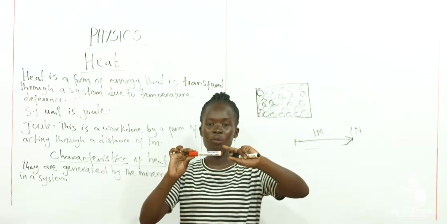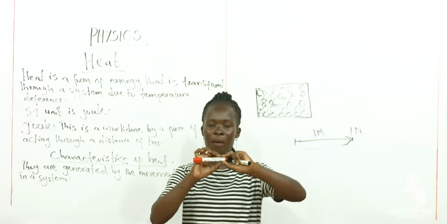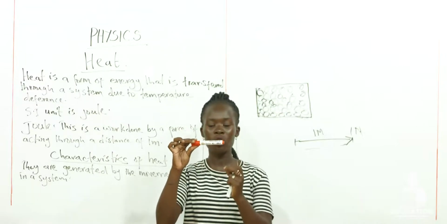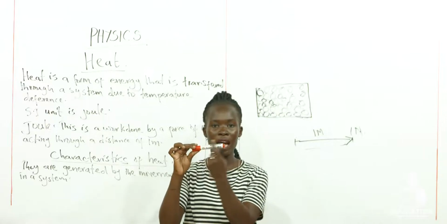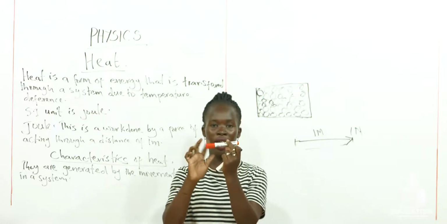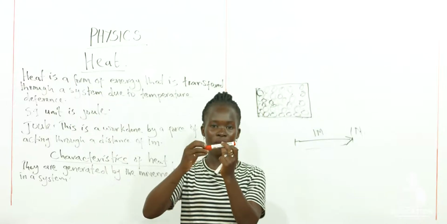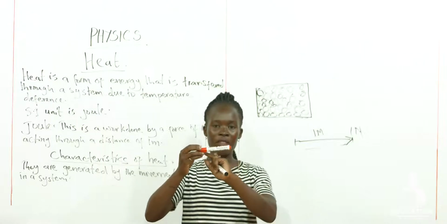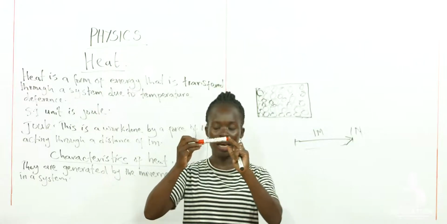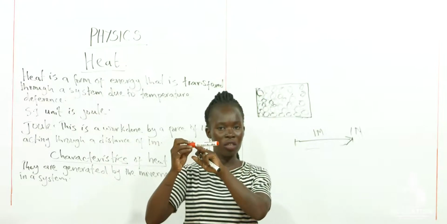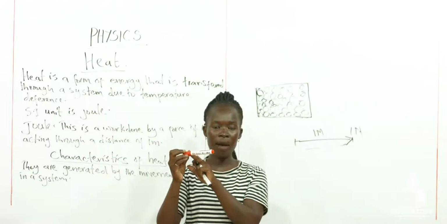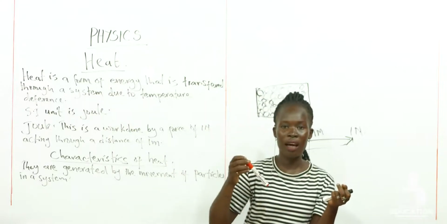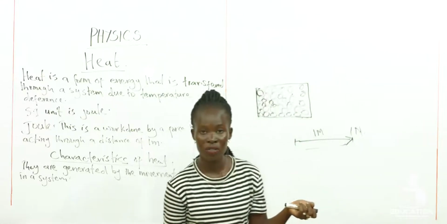It will move easily provided that the particles making up this object are in a position to move rapidly from this point up to here, because the moment you increase the energy in this point here, this side does not have it, but for this energy to reach this point, it needs the particles in this object to be faster in their motion. So the faster the movement, the greater the generation of this heat.